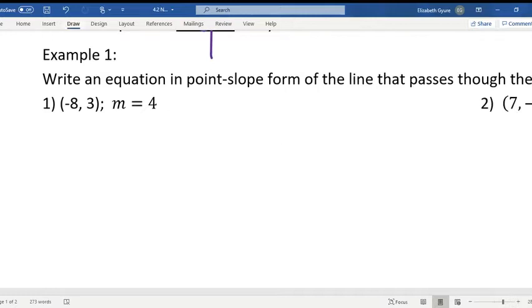So that means this is your x1, this is your y1, and this is m, and it's already labeled as m for us. So what we're going to do is we're going to take our equation, y minus y1 equals m times x minus x1, and we're going to plug this information into the appropriate places.